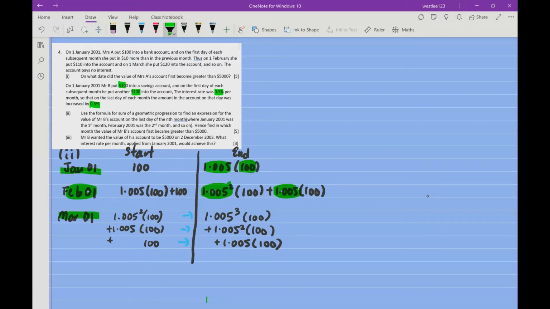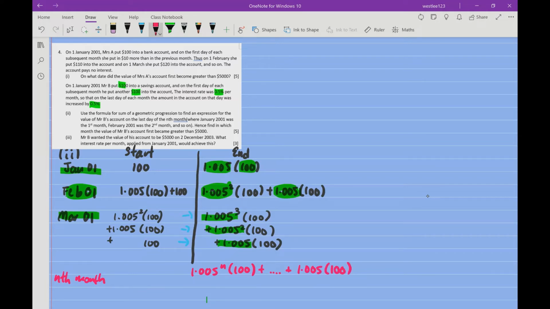For the third month, we have 1.005 plus 1.005 squared plus 1.005 cubed, each times 100. So if you use this to generalize the pattern, at the end of the nth month, we will actually have 1.005 to the power n times 100 plus dot dot dot plus 1.005 times 100.